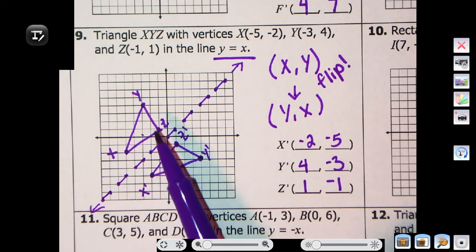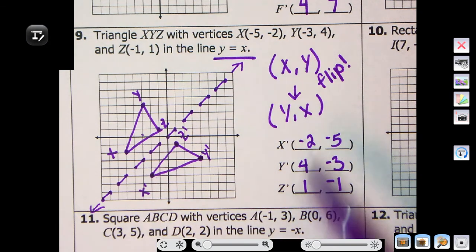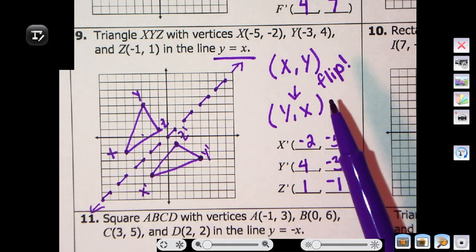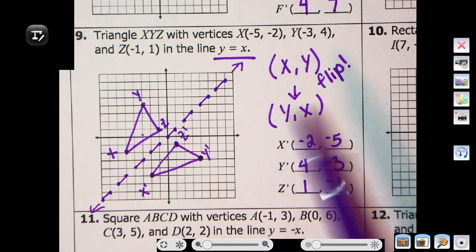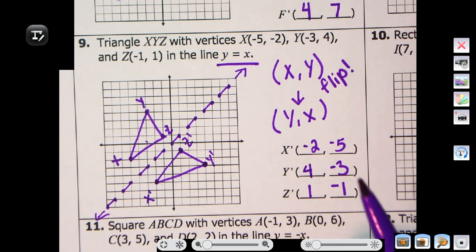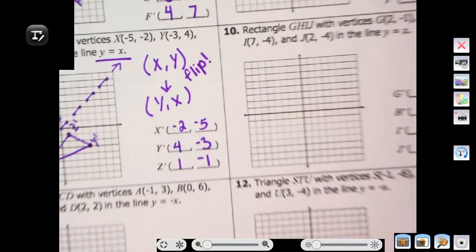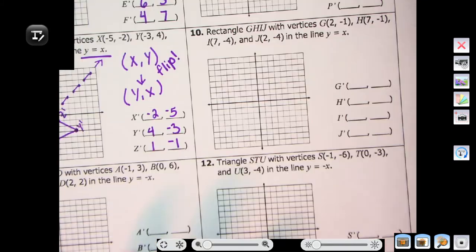And we're lucky that there's a pattern there because if you notice, it's a little bit harder to count the distance from that line of reflection when you're on a diagonal, which is why we then discover that there's this pattern. And so we're actually just flipping our y and x value. So you're going to try number 10, but it might be easiest when you're plotting it to actually figure out your points first.